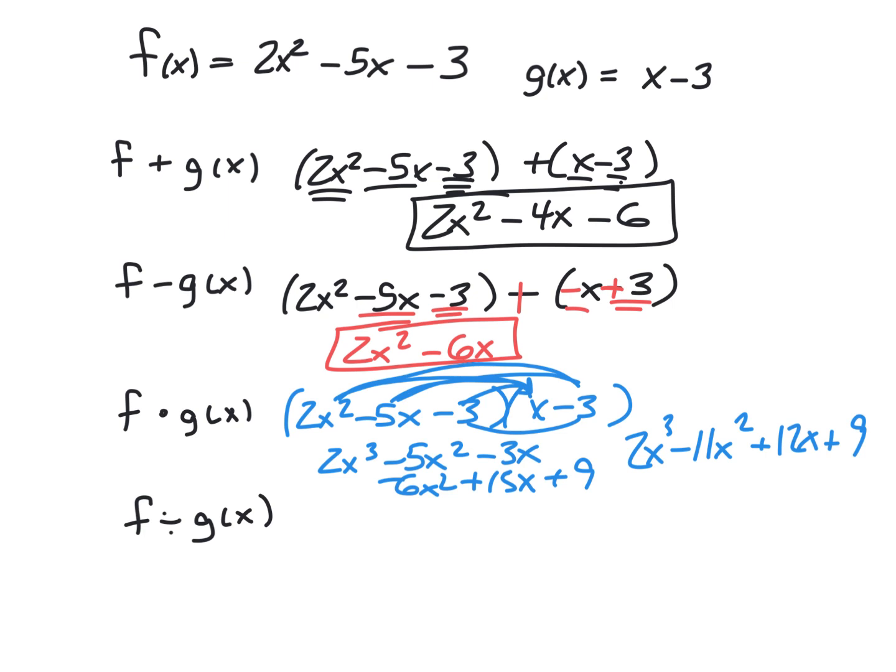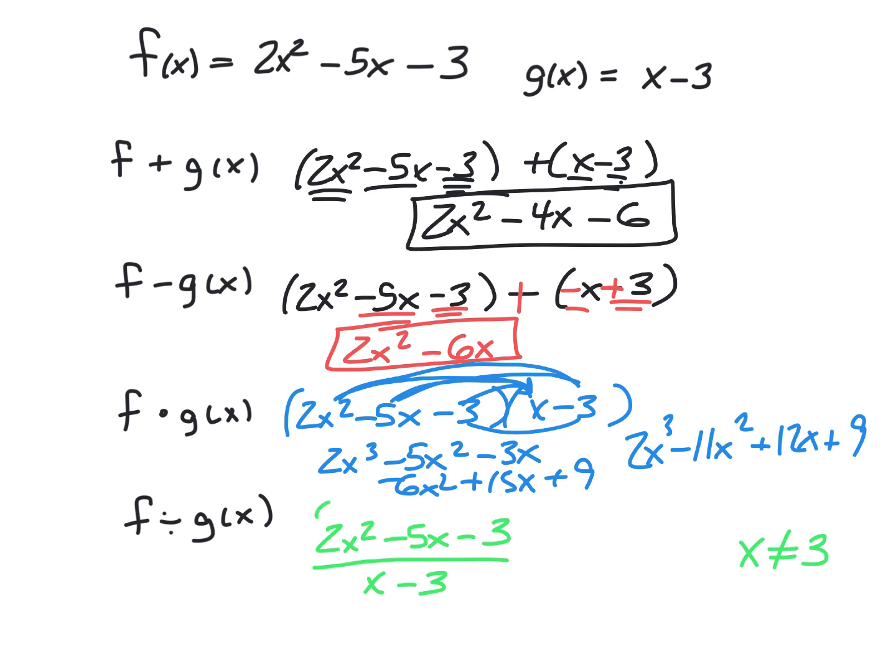Then we've got division. I'm going to take 2x squared minus 5x minus 3. I'm dividing that by g of x, which is x minus 3. And now I'm going to check and see. Now obviously x cannot be 3 because 3 makes that denominator 0. But I might want to check and see, is x minus 3 a factor of the top?